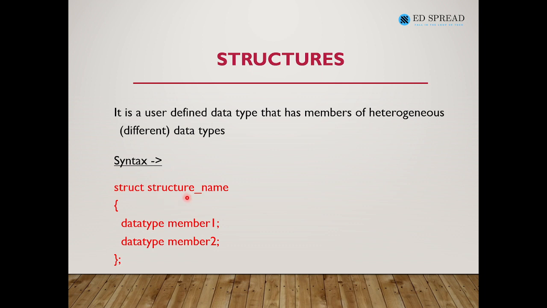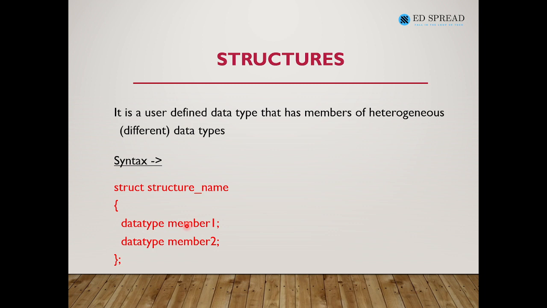This is the same for almost all the data types that we have used. Even for an array, we just use square brackets. Array is not a data type, but I'm just saying how to initialize things. So, after the structure name, we write curly braces, with the data type and member1, data type and member2. The data type is nothing but int, and member1 means the column name we thought of.